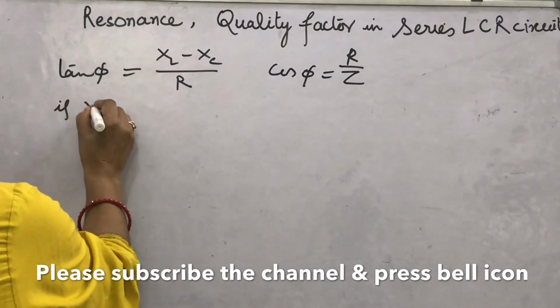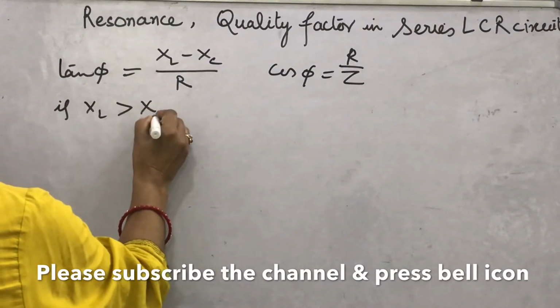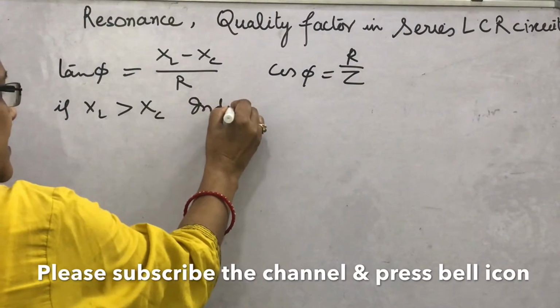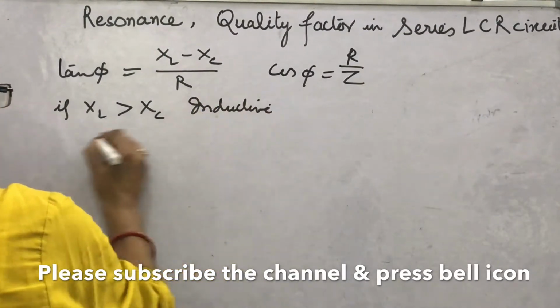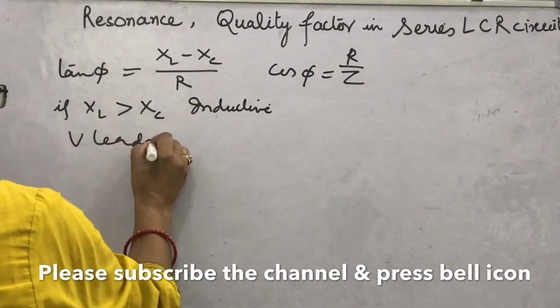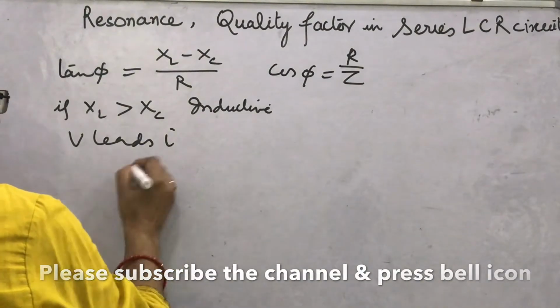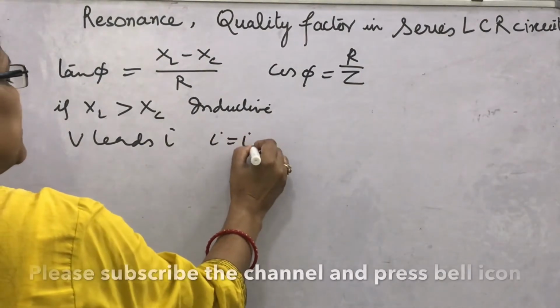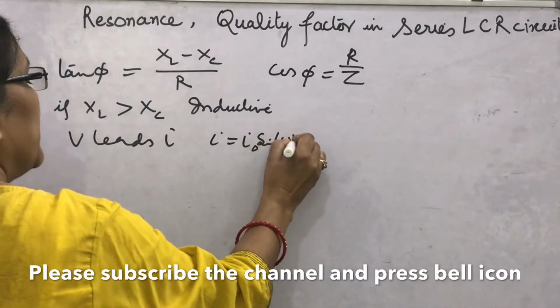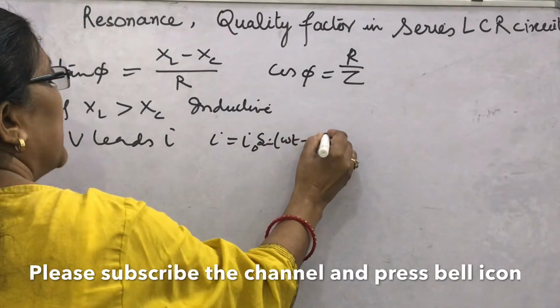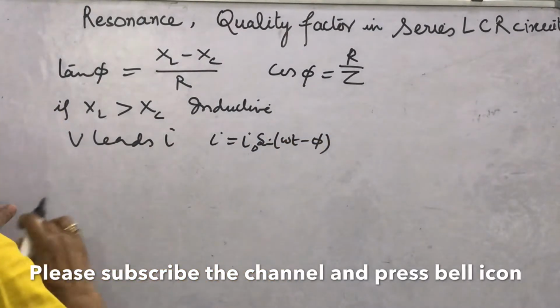We have seen that if XL is greater than XC, then the circuit is inductive. What does it mean? That voltage leads the current. What is the current equation? I equal to I naught sine omega t minus phi, as current is lagging behind.